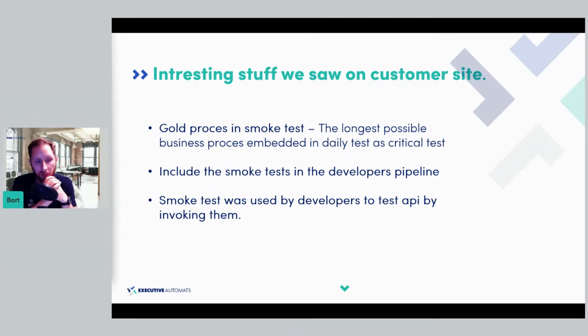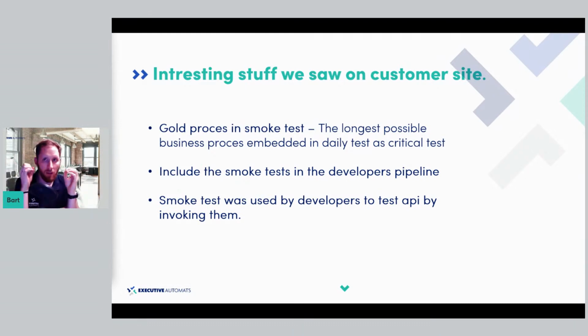Lately, we are visiting customers, performing on-site trainings, customer satisfaction reviews, and analytics and gathering of data for us to build the product for you, to build the application itself. And we are gathering nice ideas. Lately, in Denmark, we've seen a very nice approach of delivering a golden process in smoke test. What does it mean?